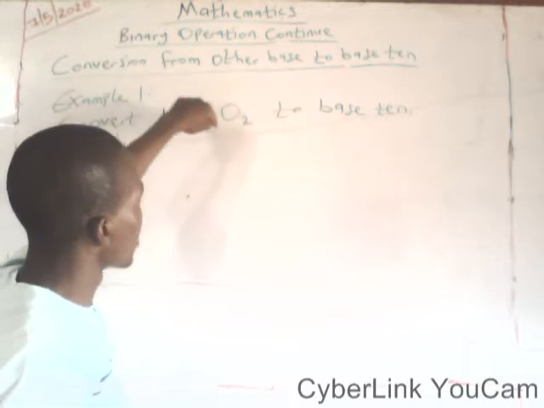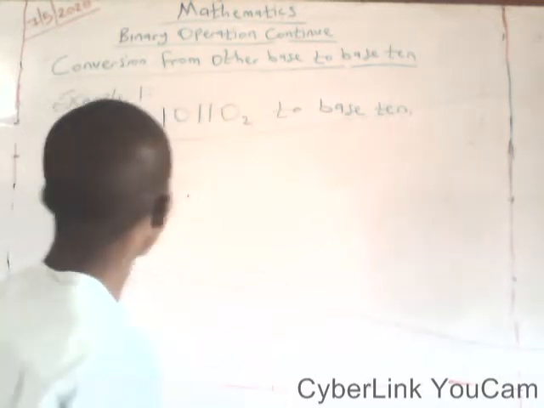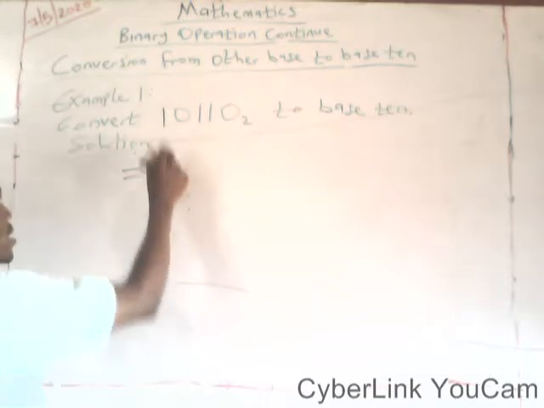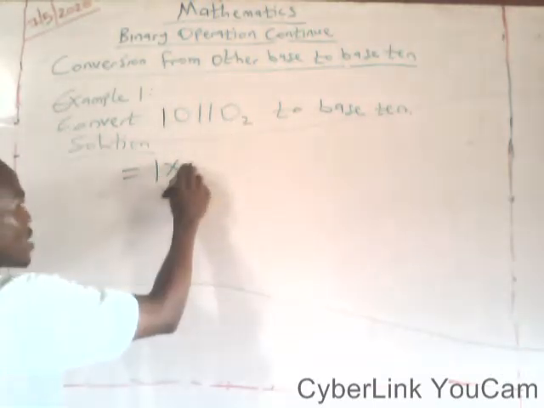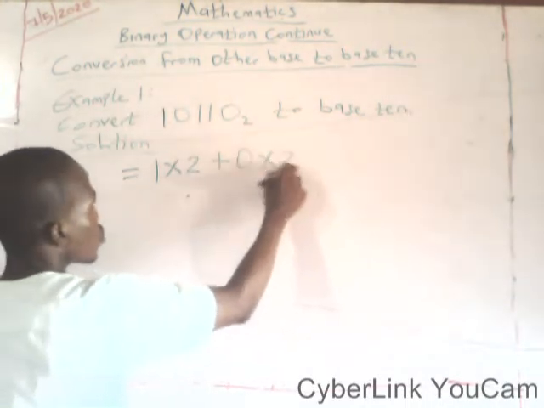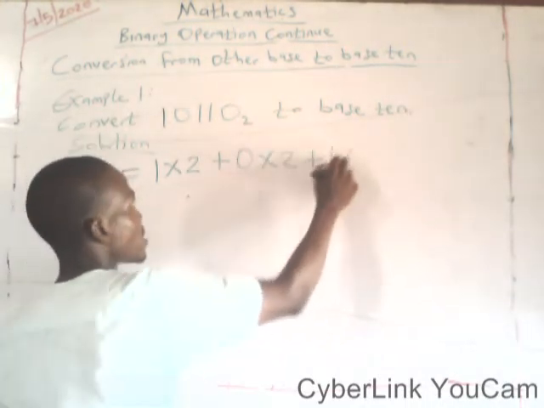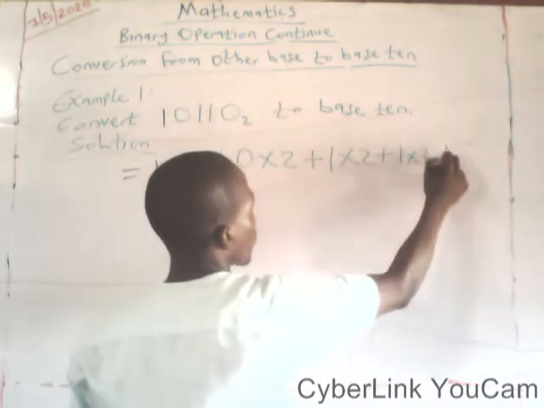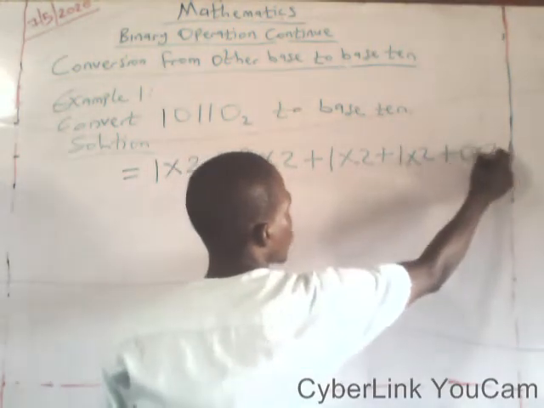Multiply each of these numbers by the base. That is step 1. You are now going to say this is 1 times the base here, which is 2, plus 0 times 2 plus 1 times 2 plus 1 times 2 plus 0 times 2.